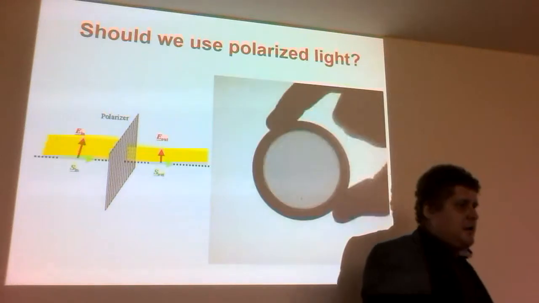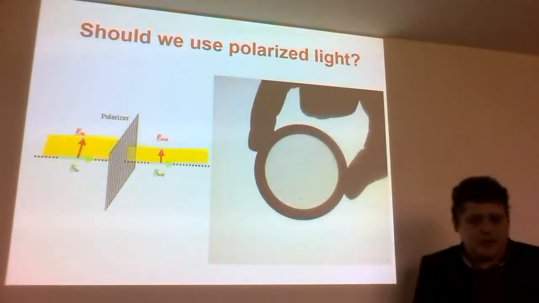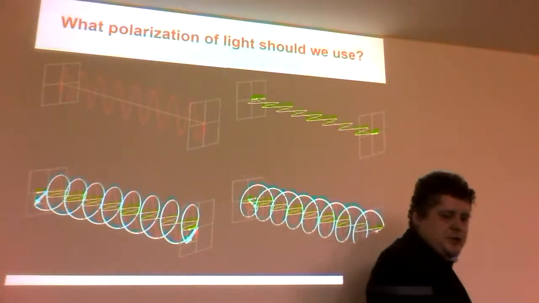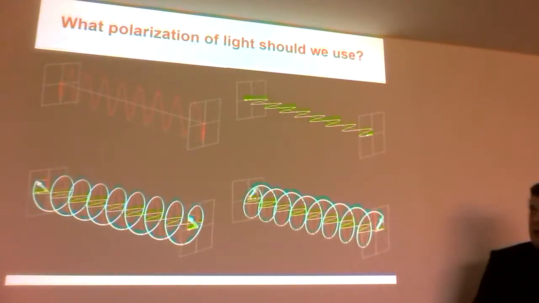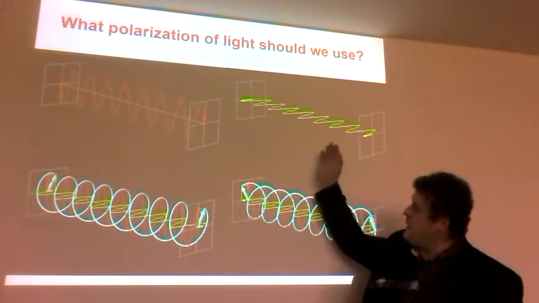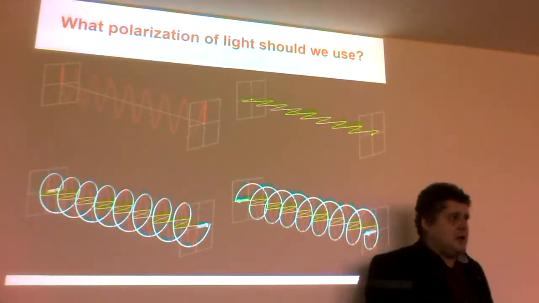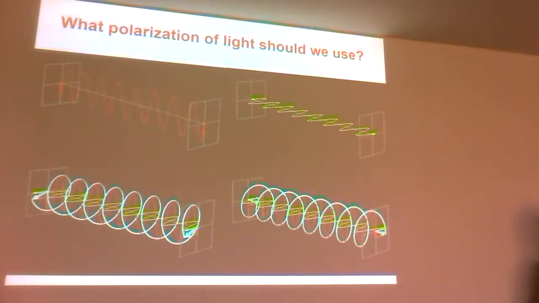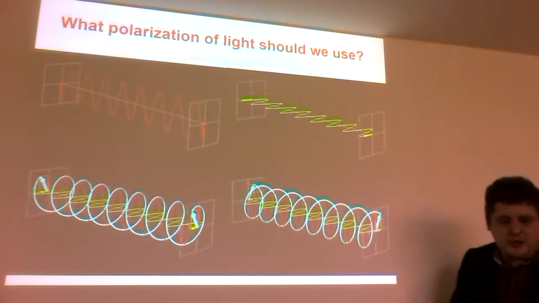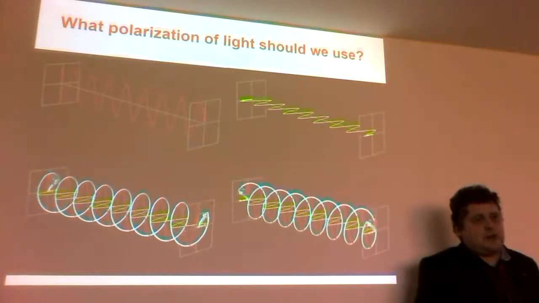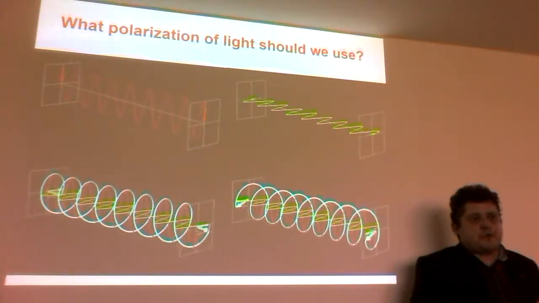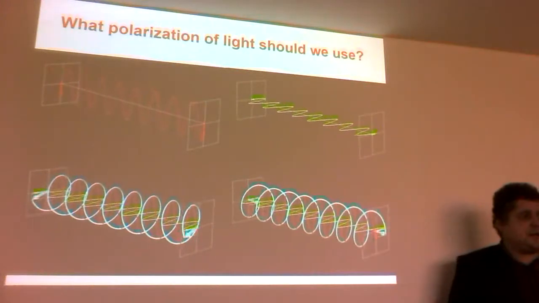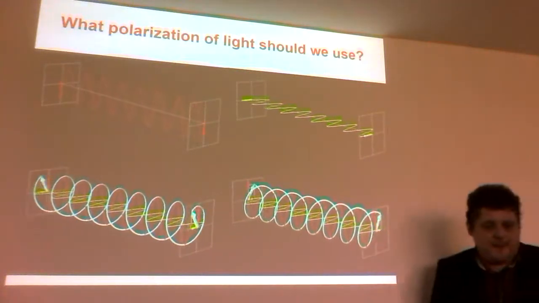And if we go for that, what polarization of light should we use? We have linearly polarized light, we have circularly polarized light, and the question is which one is better to use? And another question is whether the properties of tissues will be similar if we consider the propagation of polarized light in there.